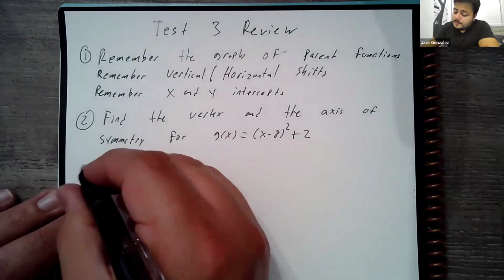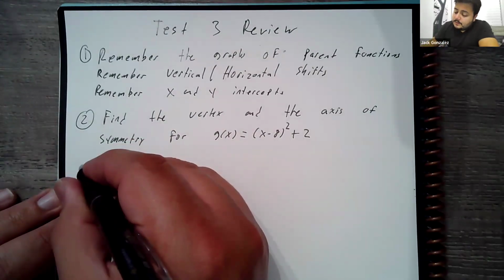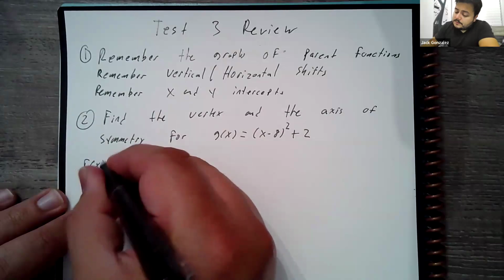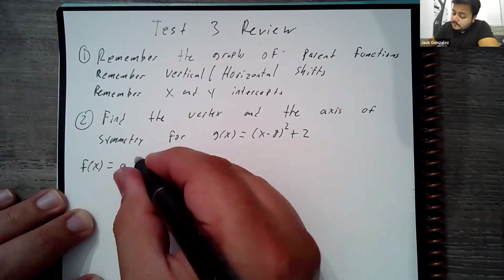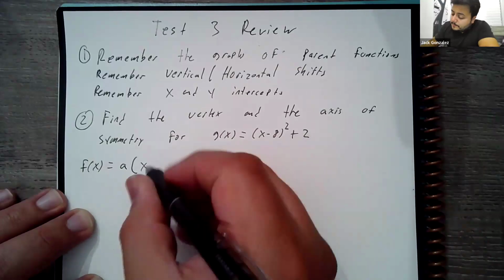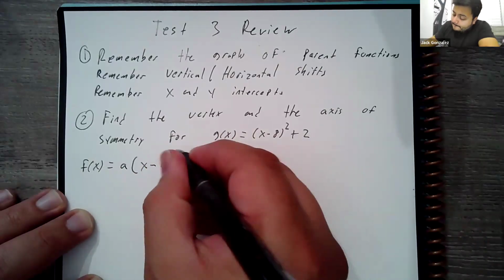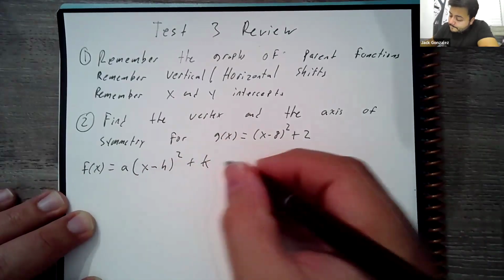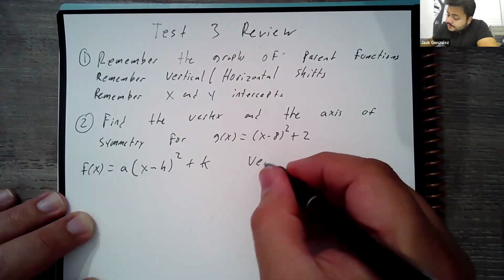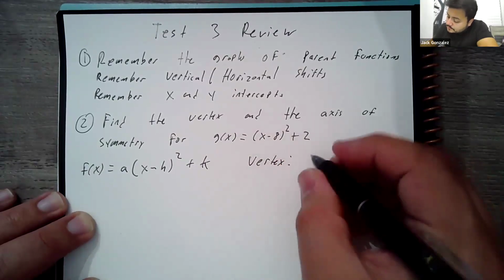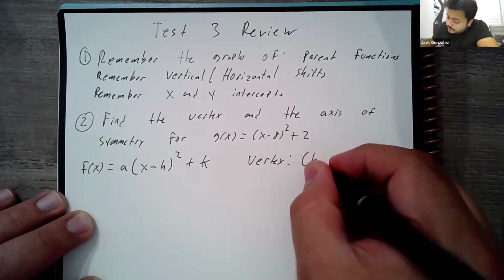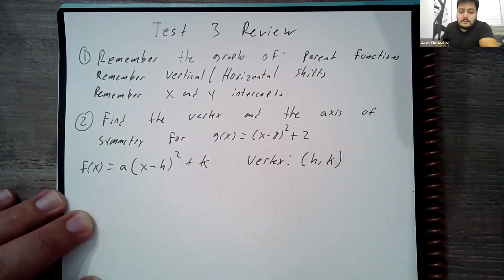So remember the formula for f of x. We said you have this form. The vertex is HK, right?